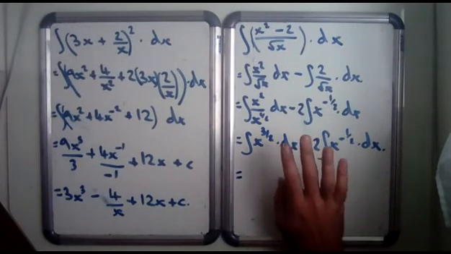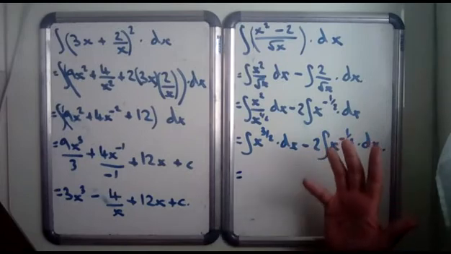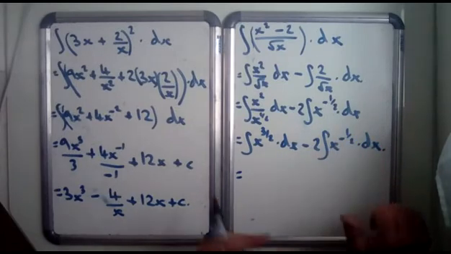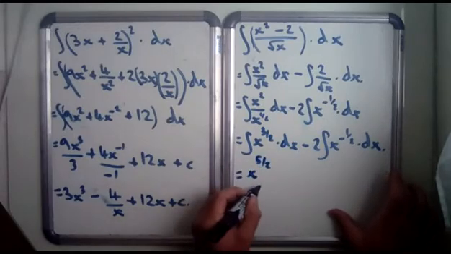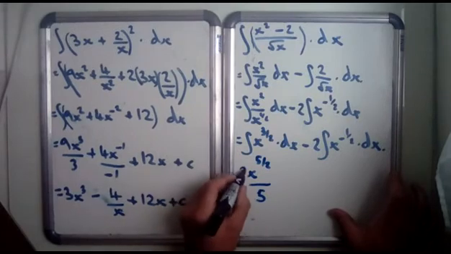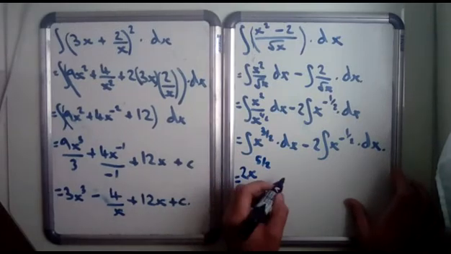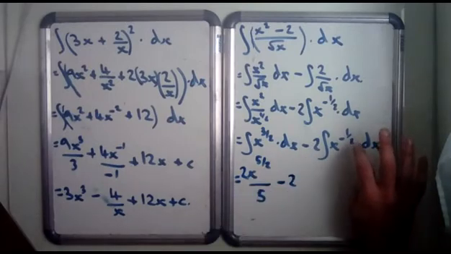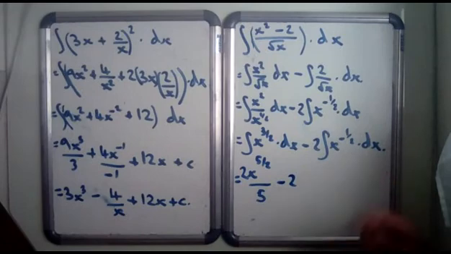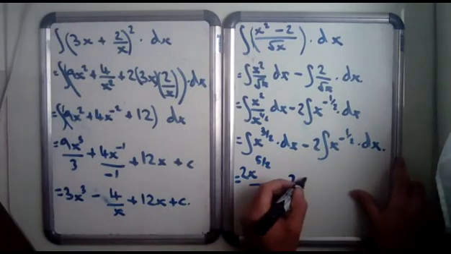X to the 3 over 2, you add 1 to the power, so that would be 5 over 2, so x to the 5 over 2 divided by 5 over 2, so dividing by 5 over 2 is the same as timesing by 2 over 5, and then minus 2 times, well, x to the minus a half, and then you're adding 1 to that, so that would be x to the half.